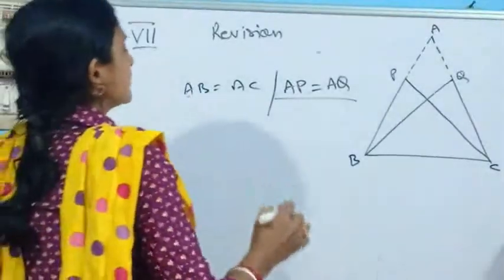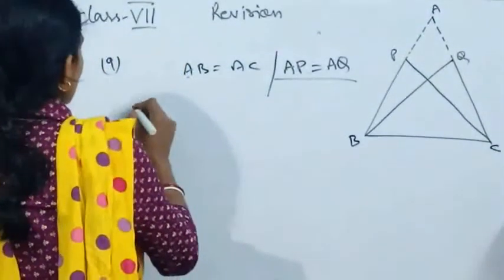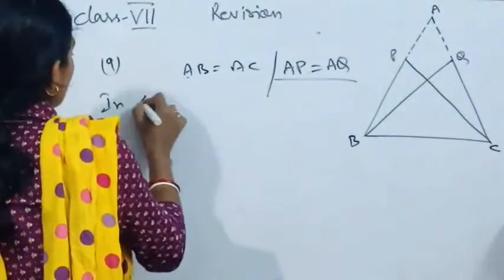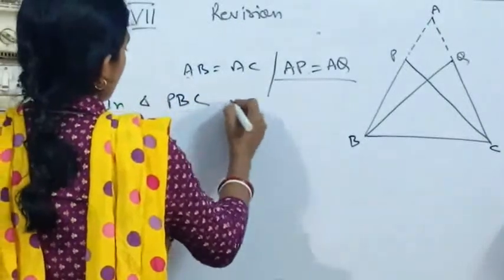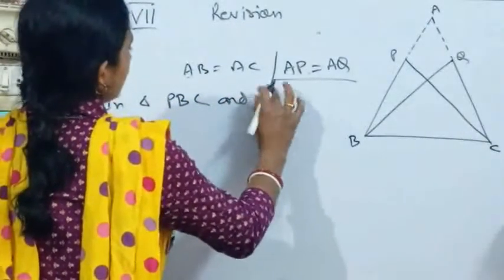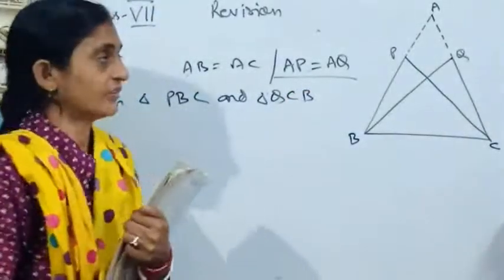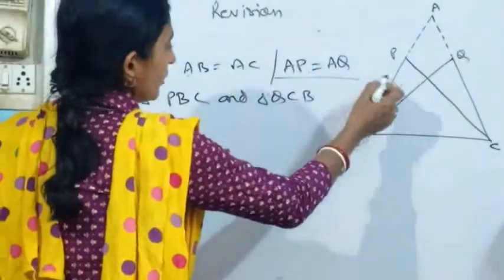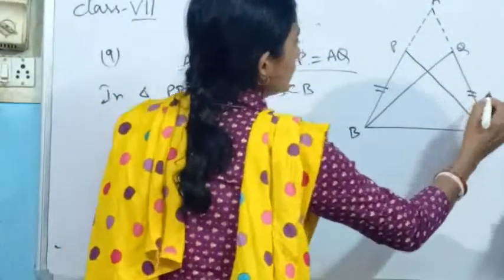Okay. Now let's take two triangles, that means triangle PBC and triangle QCB. What are the things I have? From the beginning we have found out here that BP will be equal to QC.